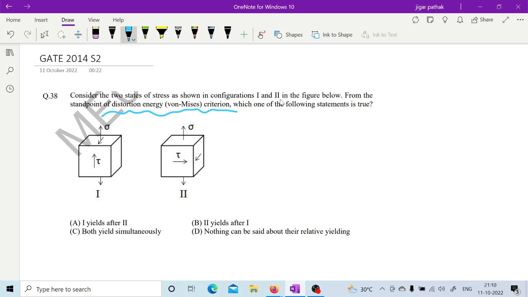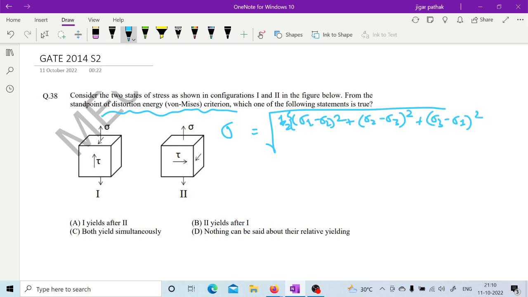So here in von Mises criterion, you have to consider that sigma is equal to this full equation of von Mises: 1 by 2 of (sigma 1 minus sigma 2) square, (sigma 2 minus sigma 3) square, plus (sigma 3 minus sigma 1) square, plus 6 into (sigma 12, sigma 23, sigma 31) square, like this.